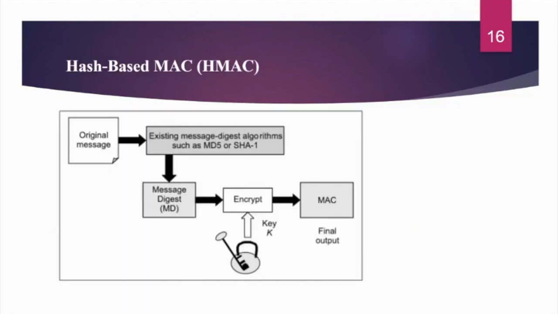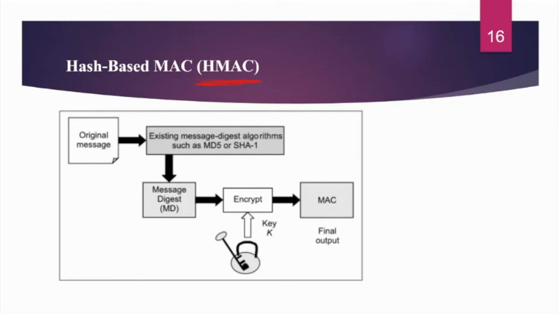Now there are a few methods based on a combination of hash functions and message authentication code that are known as HMAC, hash based MAC. These methods are very similar to what we have learned.